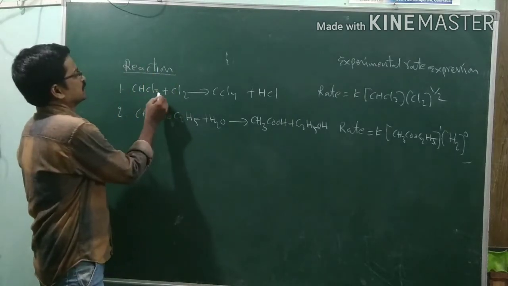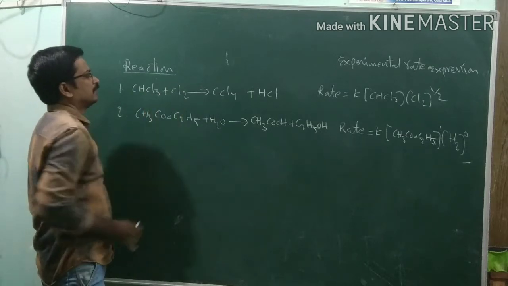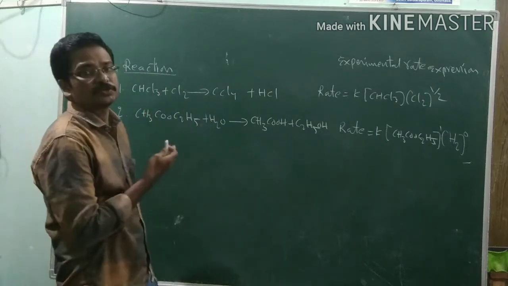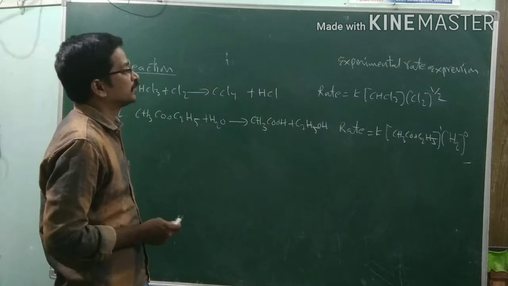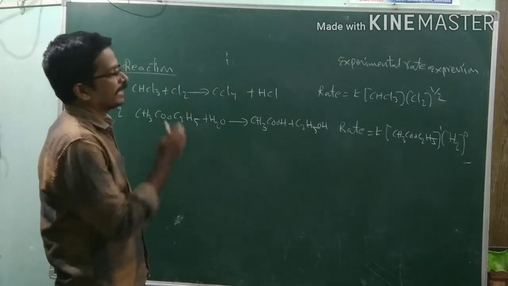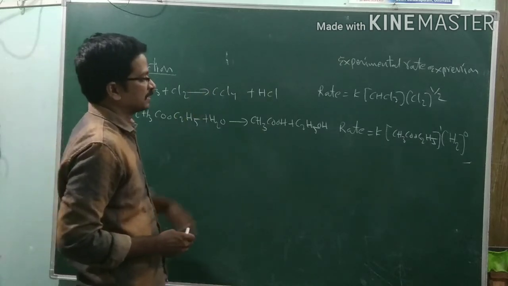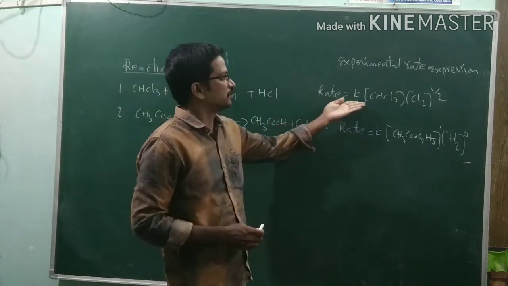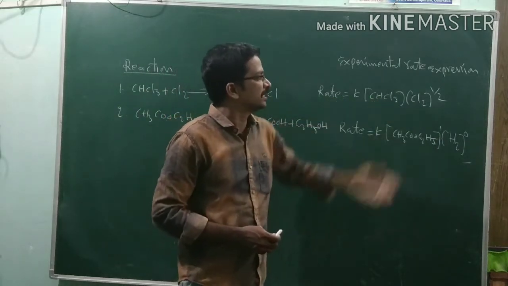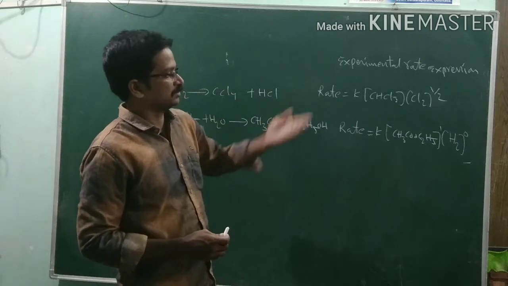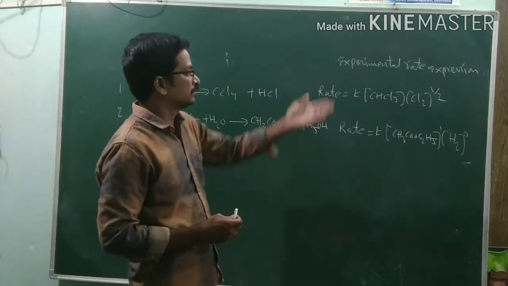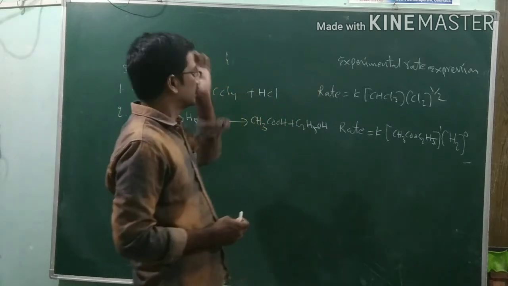Okay, let us see these examples. Chloroform CHCl3 on reaction with Cl2 gives rise to CCl4 plus HCl. For this reaction, the experimental rate expression is rate is equal to K into CHCl3 into concentration of Cl2 whole power of one half.